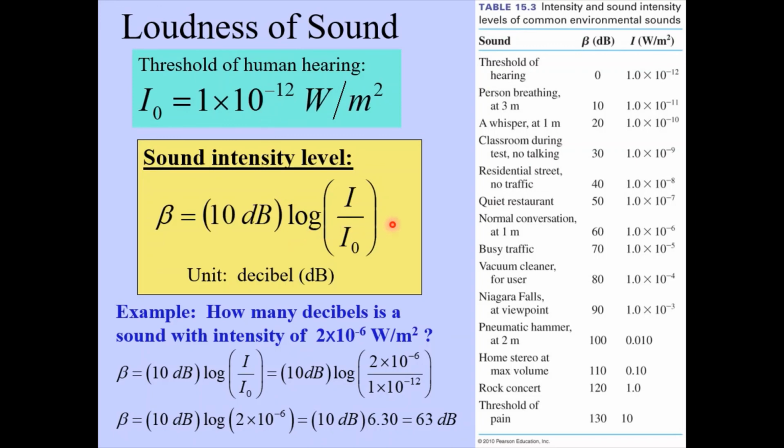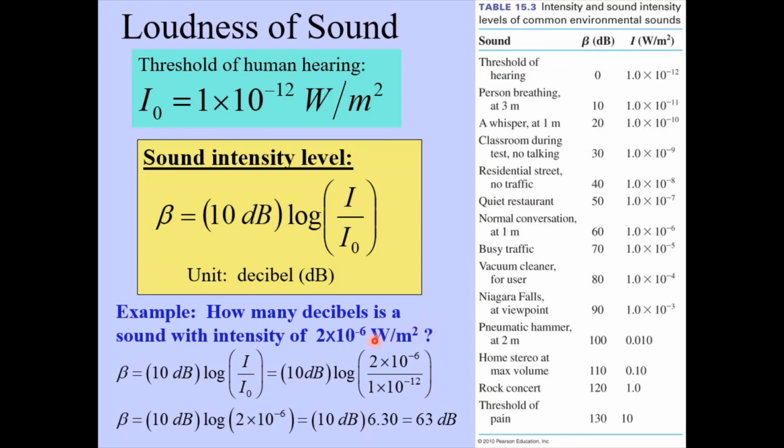So let's work through an example to see how we can use this. How many decibels is a sound with intensity of 2 times 10 to the minus 6 watts per square meter? Here's our formula for beta, and for I we're going to plug in our intensity, which is 2 times 10 to the minus 6. I naught, remember, is the threshold sound, 1 times 10 to the minus 12.